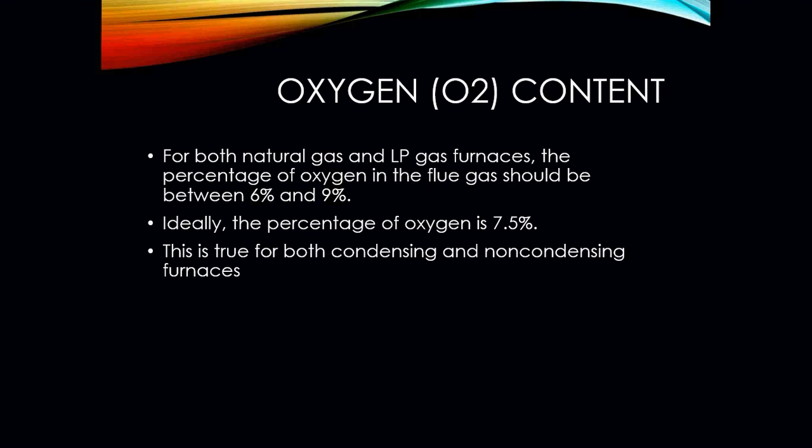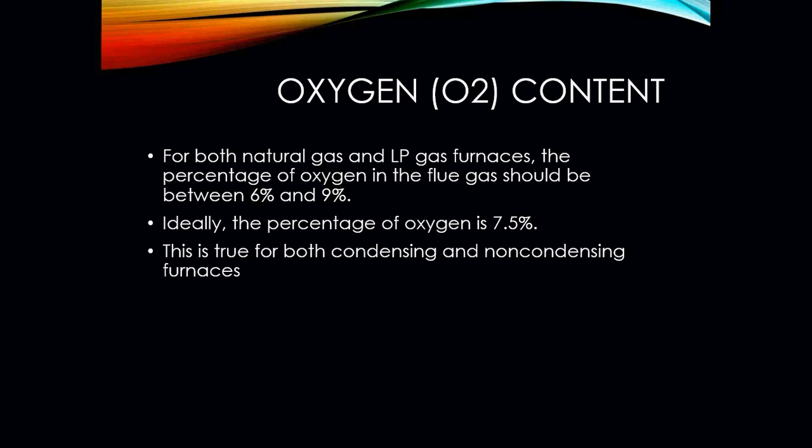With oxygen, for both natural gas and LP gas, the percentage of oxygen in the flue gas should be anywhere between 6 and 9%. That is pretty much a given rule when it comes to the efficiency of a furnace. We're looking for somewhere in between those numbers. Usually, we're going to run into about 7.5% oxygen.